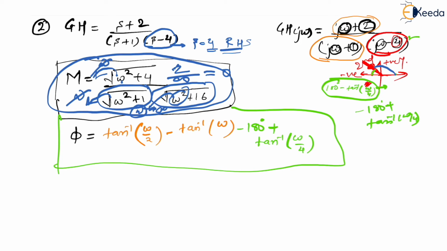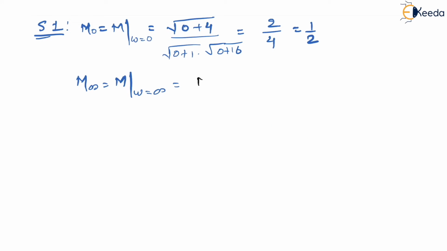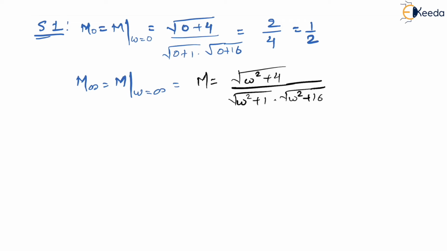If you don't understand it, let me solve this for you. We know that m is equal to under root of omega squared plus 4 divided by under root of omega squared plus 1 into under root of omega squared plus 16. Is that right? Now, if you take omega common from the top, omega squared comes out as omega, so it becomes omega into under root of 1 plus 4 by omega squared.